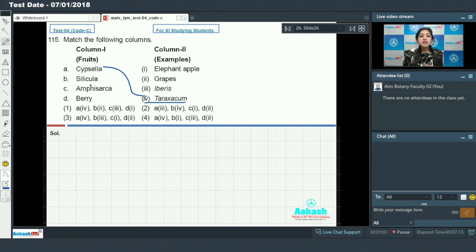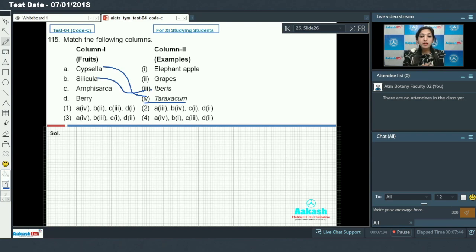Silicula. Silicula is a short-lived flat siliqua, and siliqua develops from bicarpellary unilocular ovary with parietal placentation. So silicula is the short, broad, flat siliqua with few seeds, and it is exemplified by Iberis. Amphisarca.